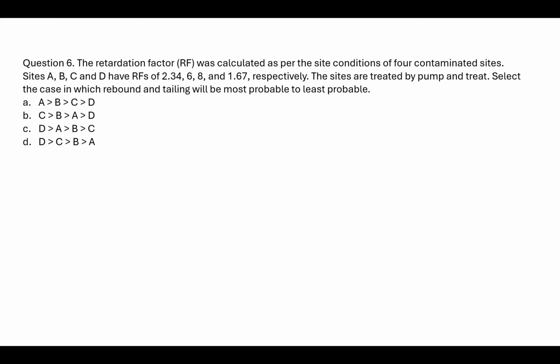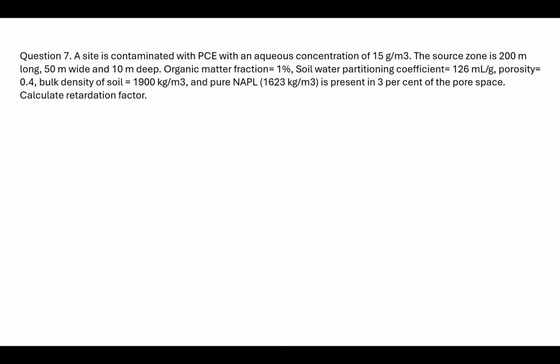We have the maximum retardation factor in site C, so the most probable rebound will be seen in site C. Then we have a retardation factor of 6, which is in site B. Then a retardation factor of 2.34, which is in site A. And lastly, 1.67, that is site D. So maximum rebound and tailing will be seen in site C, followed by B, A, and D. So B is the correct answer. Now let's move to the next question.